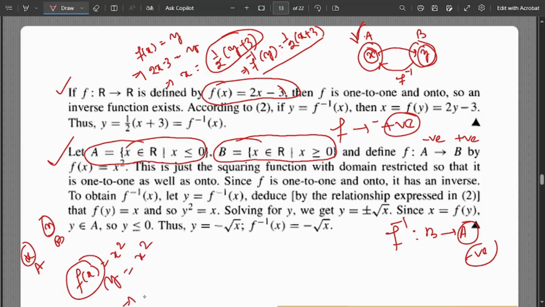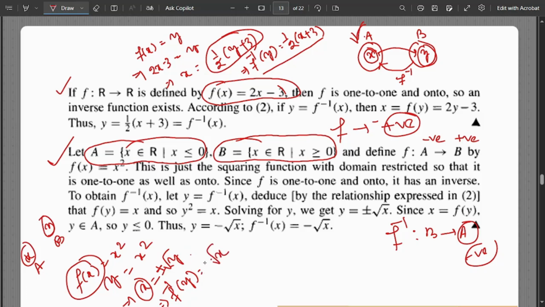Then x will be root over y, and we know this square root has both plus and minus. So this x, we write as f inverse of y, and we replace y. We actually alter this x and y, so replace this by root over x.